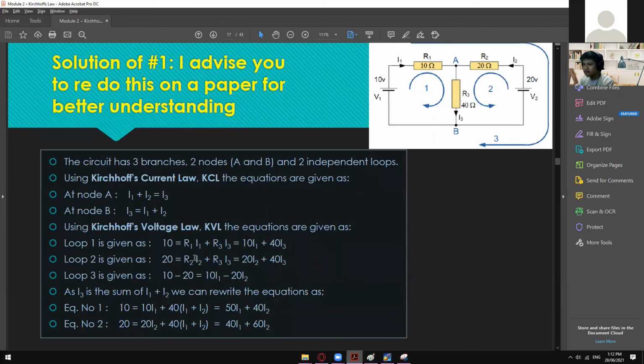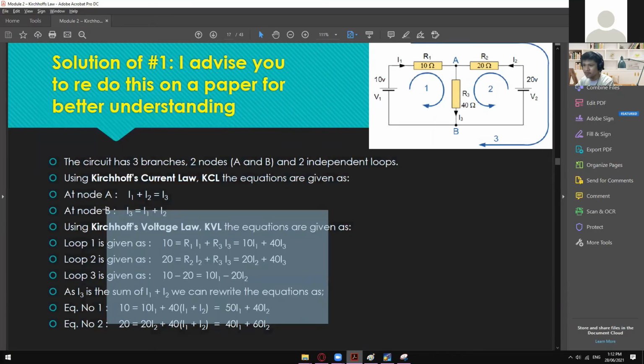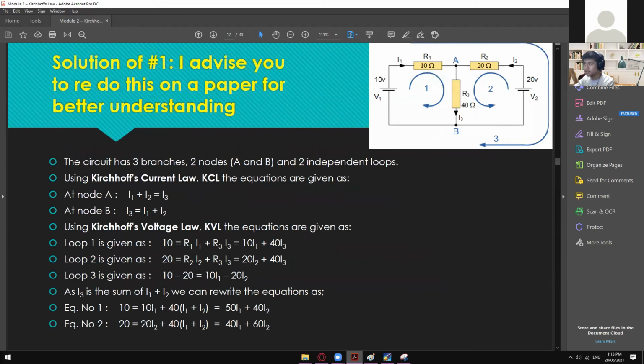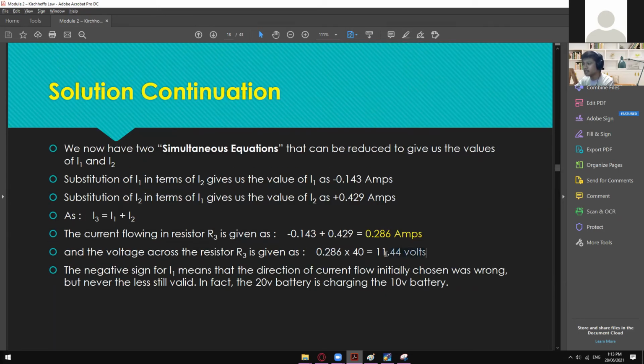Since we don't have enough time anymore to go back and analyze everything again, I will leave this one to you. If you want to get the voltage drop across RT, just get the value of I3, which is 0.286, and the resistor on that I3, which is 40 ohms, and you will get 11.44 volts.